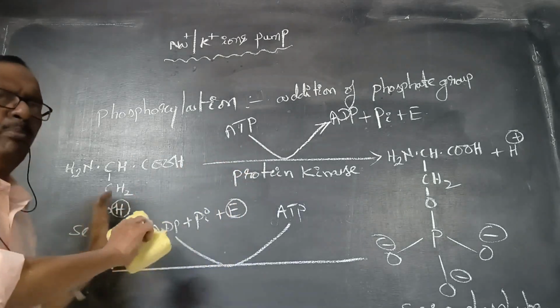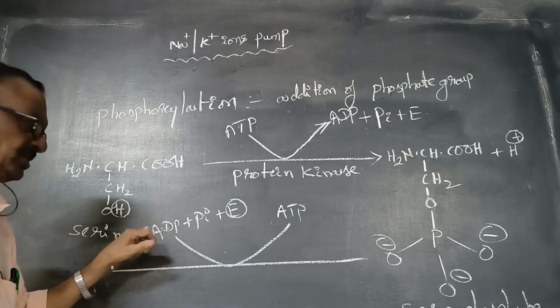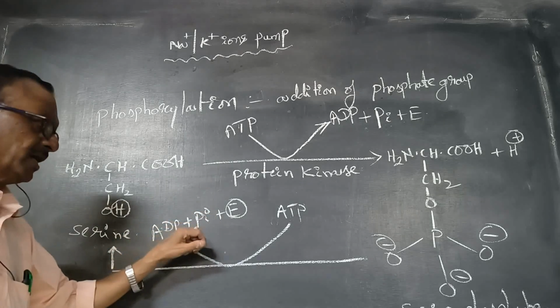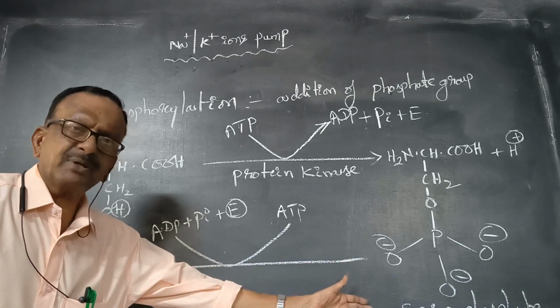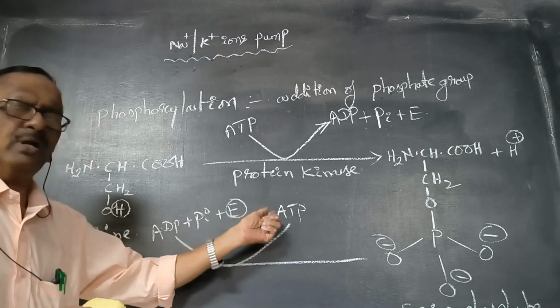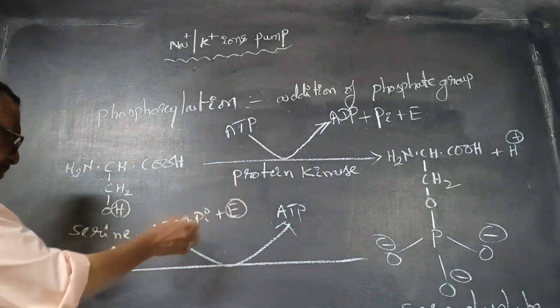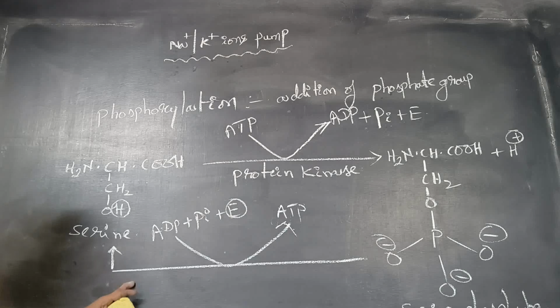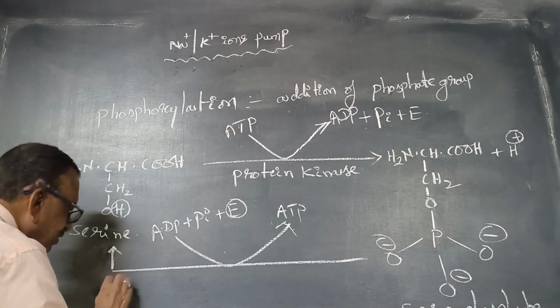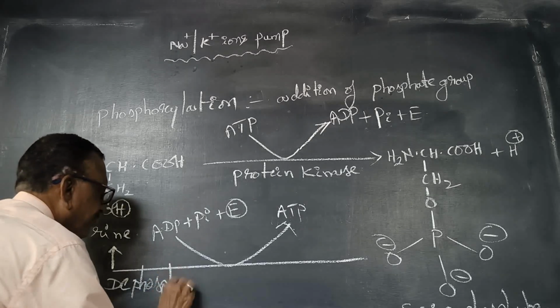In order to balance this equation, I am writing like this. So ADP means adenosine diphosphate, and inorganic phosphate is detached from the amino acid, and if we supply energy, then we are getting ADP once again. So this process is called dephosphorylation.